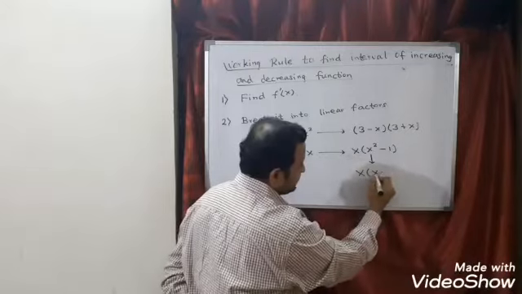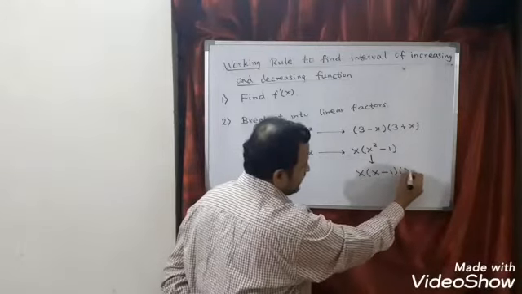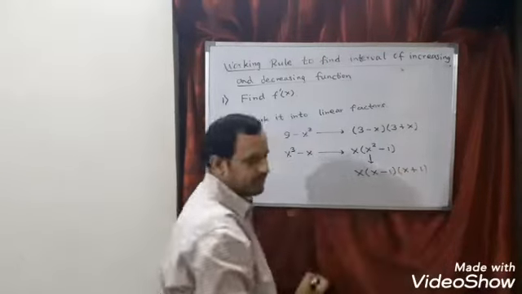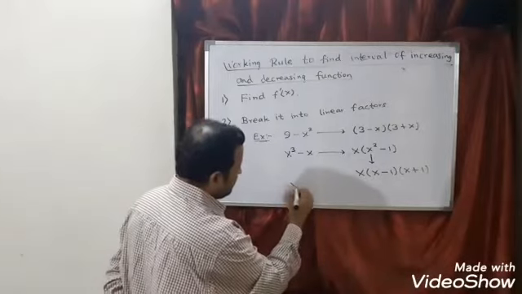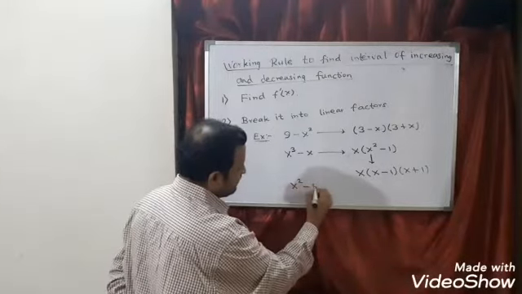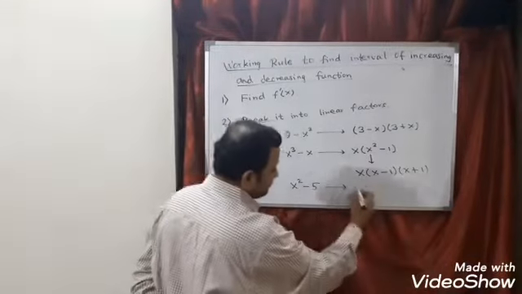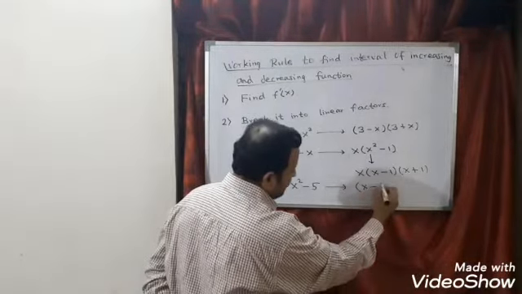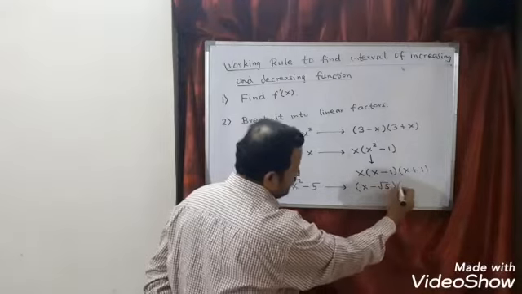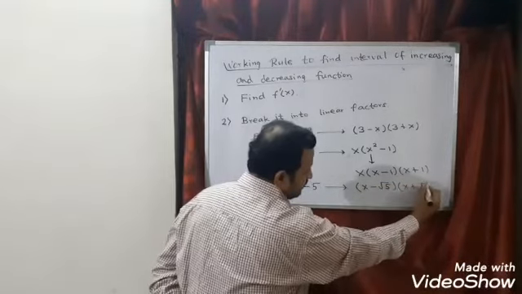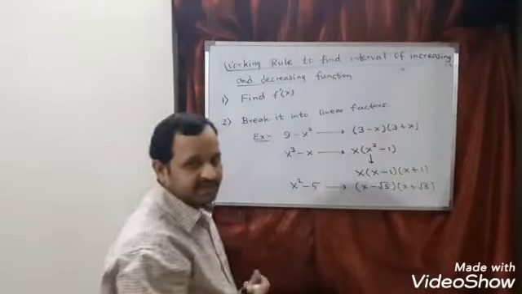So this we can write as x into x minus 1 into x plus 1. One more, something like x square minus 5. Can somebody tell me how to break this? This we can write as x minus root 5 into x plus root 5. I think it is clear.